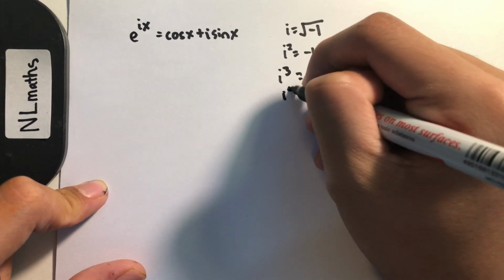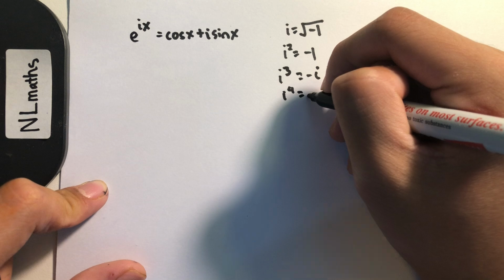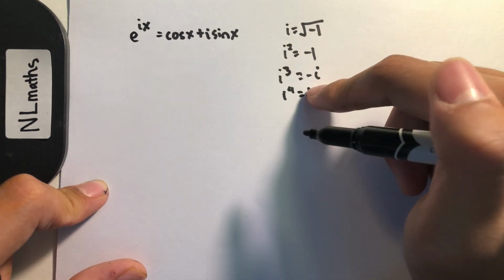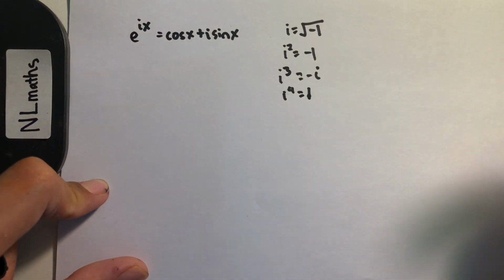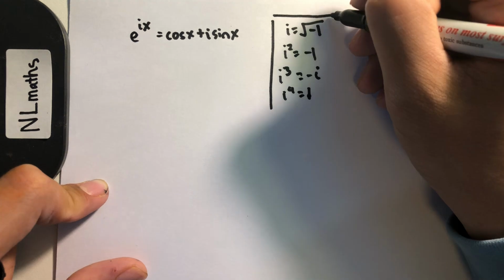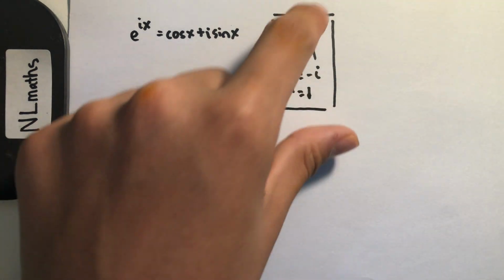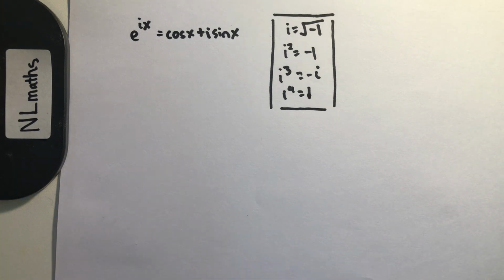And i to the 4 equals 1, because i squared and i cubed should be opposite, since it's -i. So I'll write this down in a box. Okay, so those are our i identities.